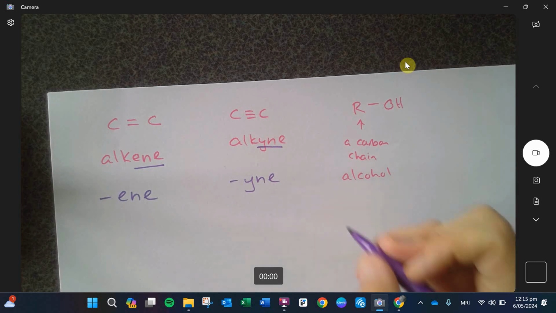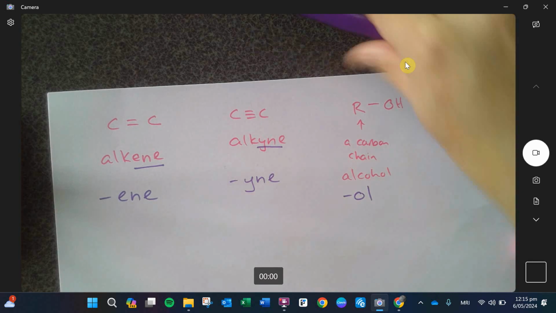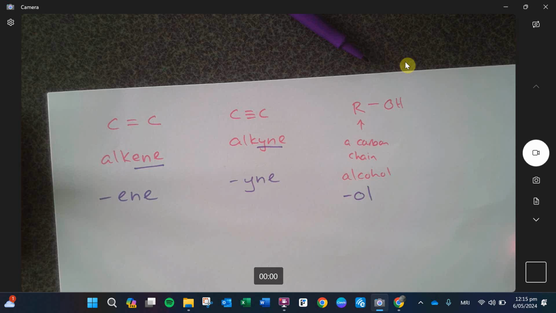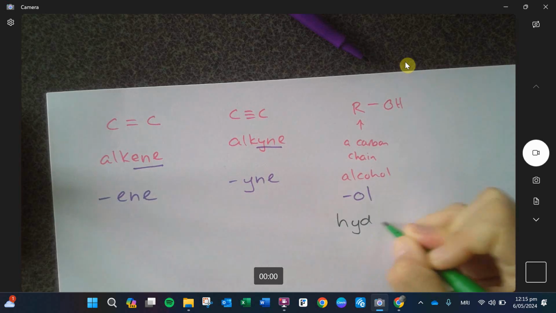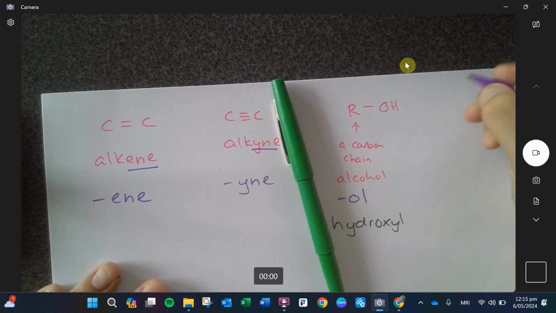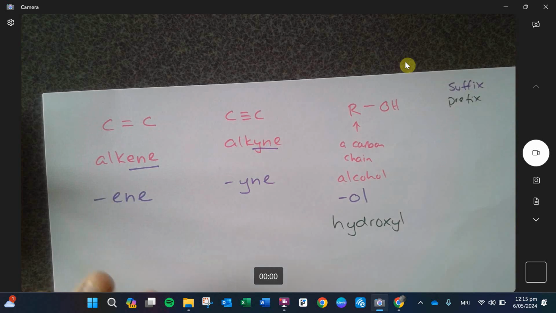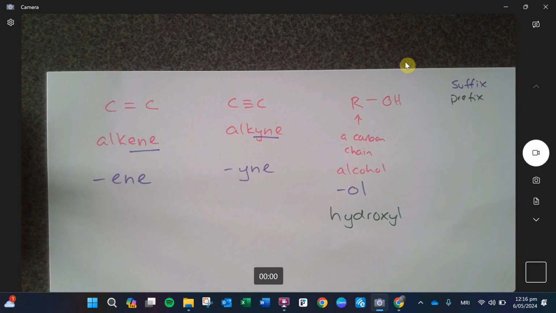You can either do a suffix, which is OL, or you could do a prefix, and the prefix is hydroxyl. I'm going to put a color code: if it's in purple, that's a suffix; if it's in green, it's a prefix. We good? Once you know the basic rules of naming, it's just a matter of changing the ends or changing the beginnings.